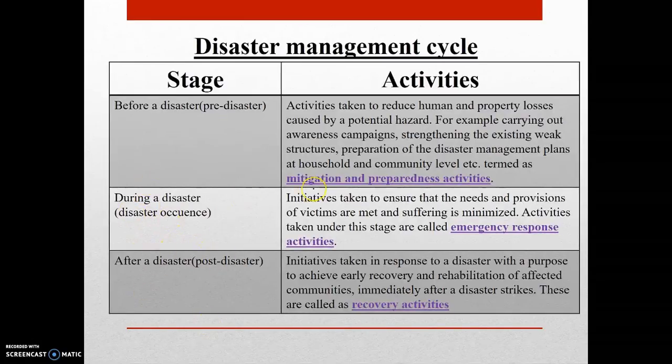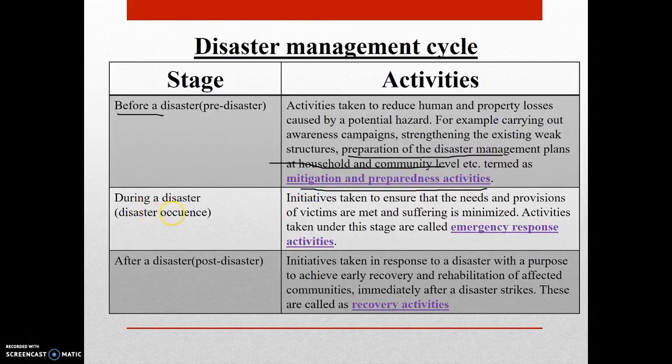So these are the stages in the disaster management cycle. The first one is before a disaster: activities taken to reduce human and property losses caused by a potential hazard. For example, carrying out awareness campaigns, strengthening existing weak structures, and preparation of disaster management plans at household and community level, etc. These are termed mitigation and preparedness activities.